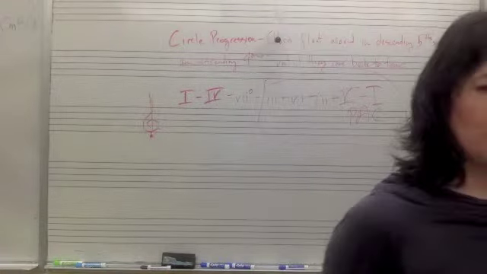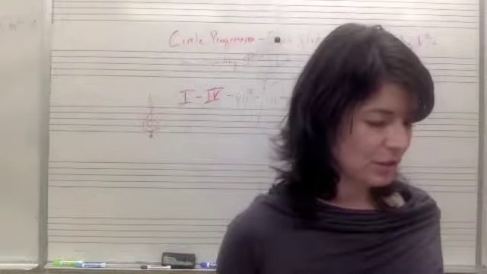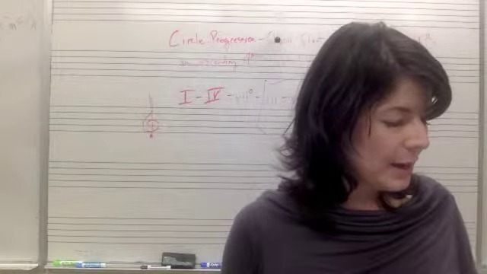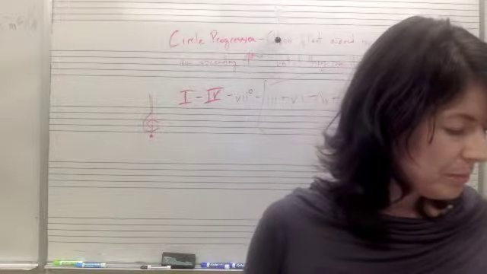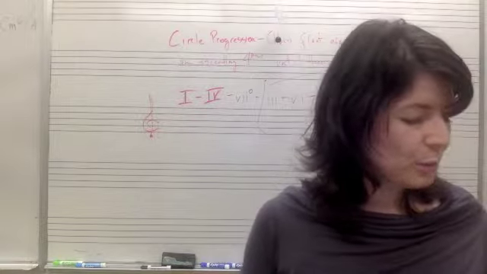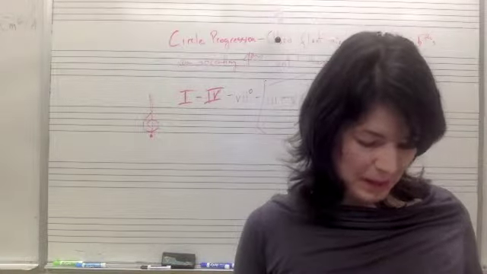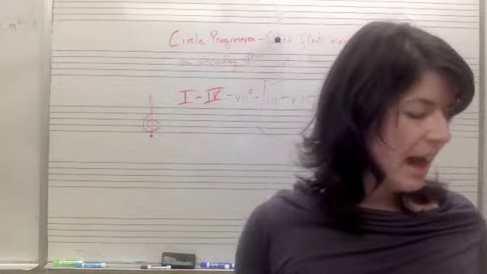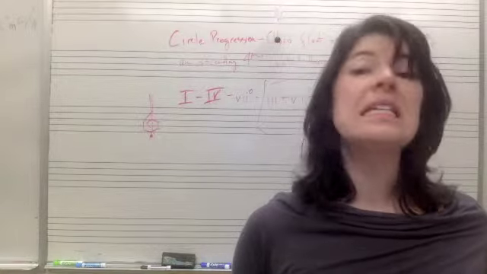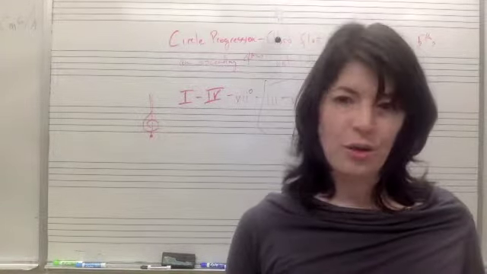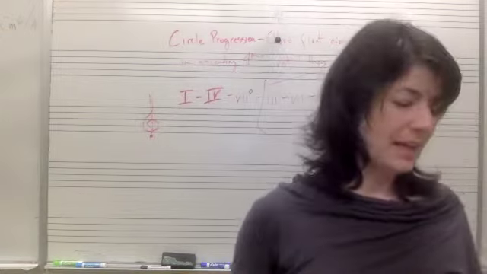Okay, so we also have another situation, and here we get the opposite. Now if you go to page 217, we talk about ascending fifths and descending fourths, all right? And you're always going to see these written as ascending fifths.